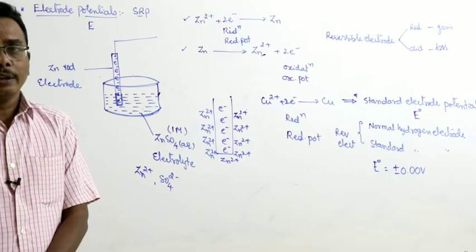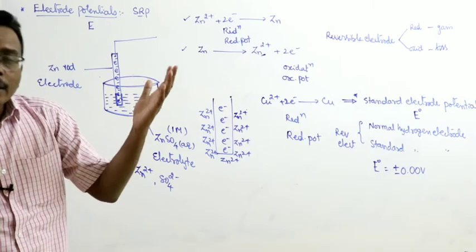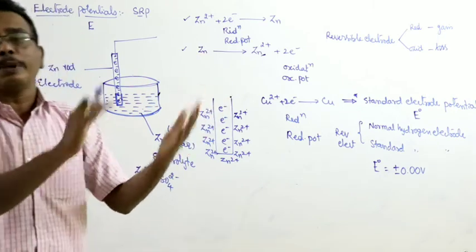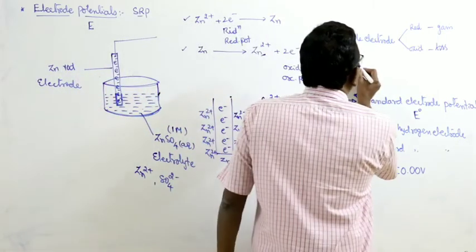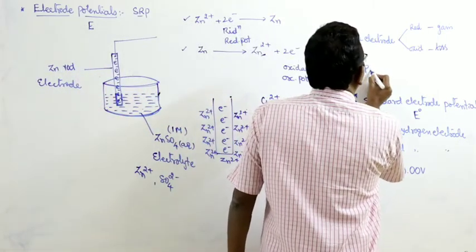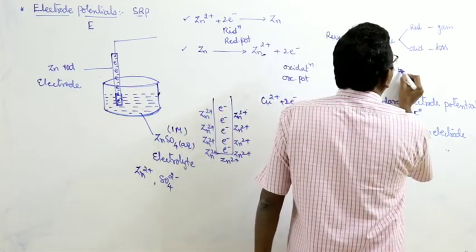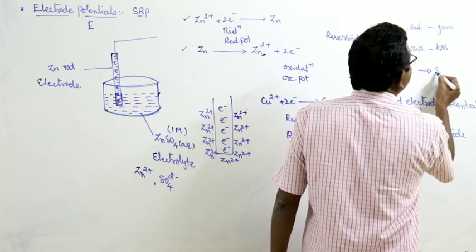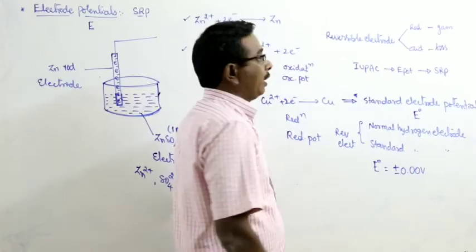But finally, all the oxidative potentials are converted into reductive potentials. Means, according to IUPAC, the electrode potentials of all the elements are expressed in terms of standard reduction potentials.